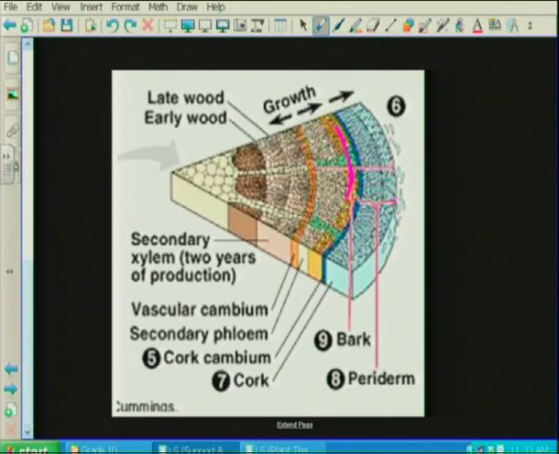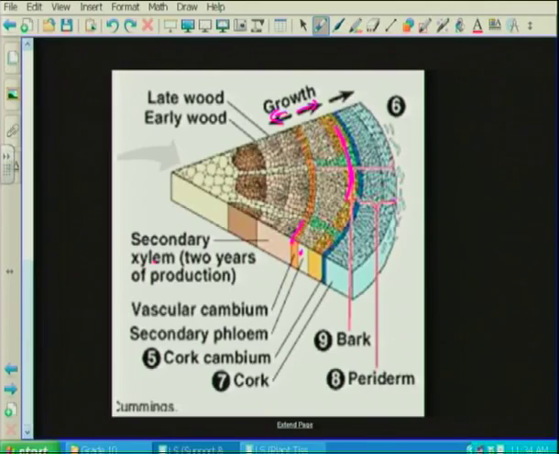Then you have your secondary phloem, your vascular cambium, where remember growth happens in this direction and in that direction. Then your secondary xylem, and then your secondary phloem.